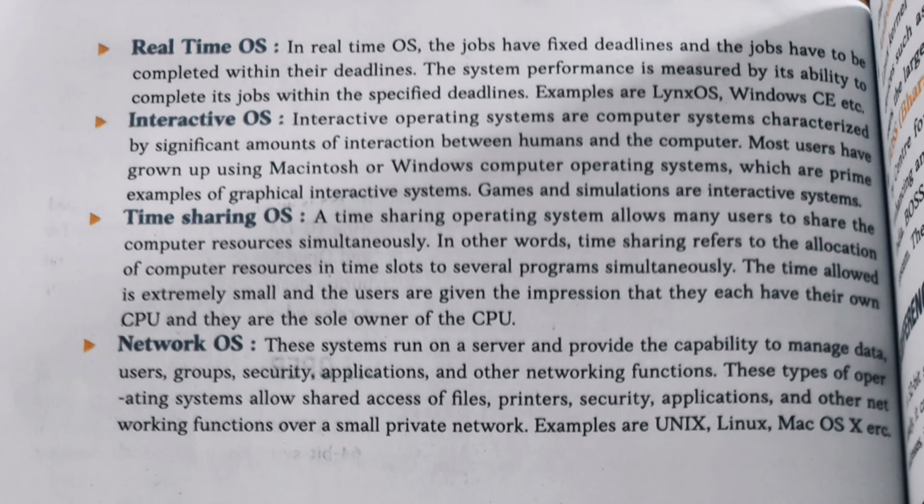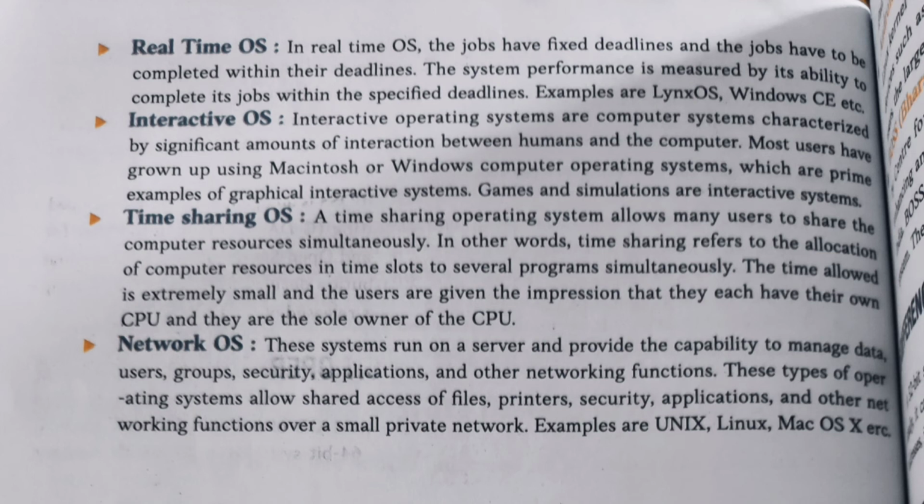For example, if you are playing a game and you don't have an interactive system with the computer, then you won't be able to play any games, right? If you don't operate the computer, the game won't work, right? So this is the interactive OS.